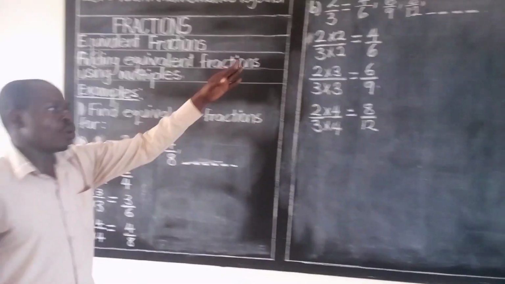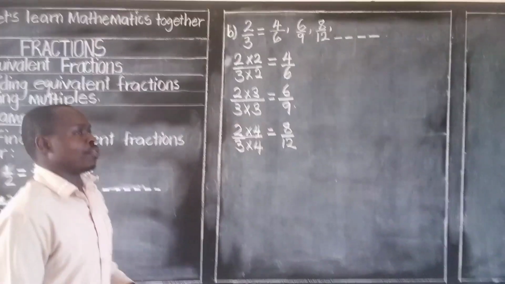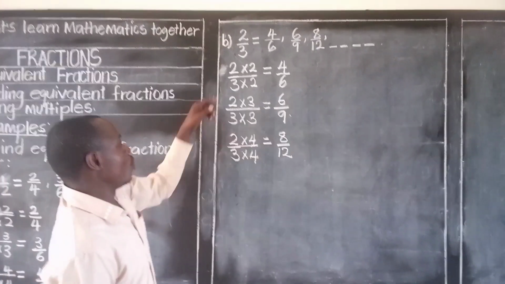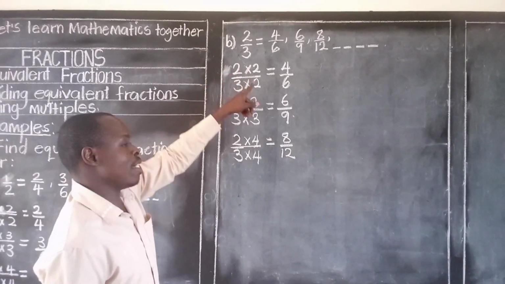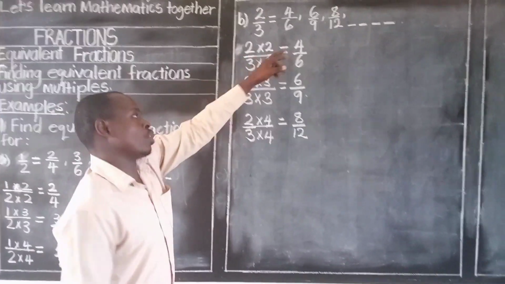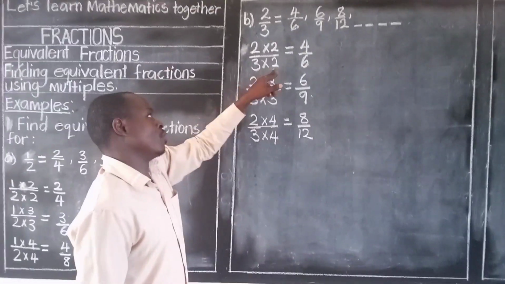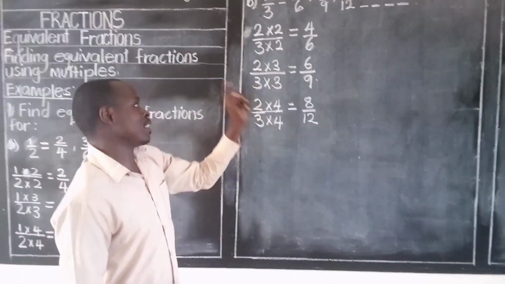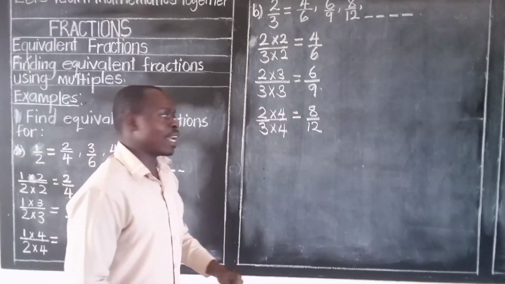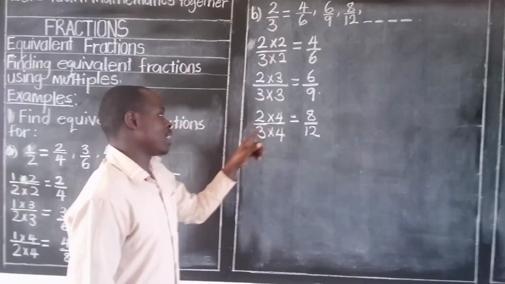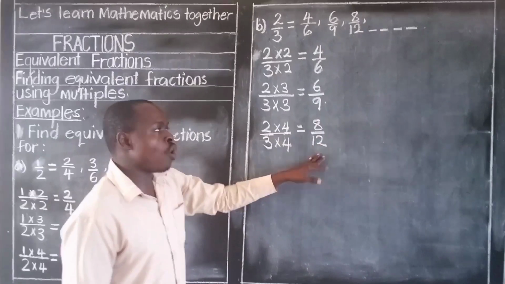And then also, we have just looked at 2 out of 3. We multiply through by the same factor at a time. 2 times 2 giving us 4, 3 times 2 giving us 6. 2 times 3 gives us 6, 3 times 3 gives us 9. 2 times 4 gives us 8, 3 times 4 giving us 12.